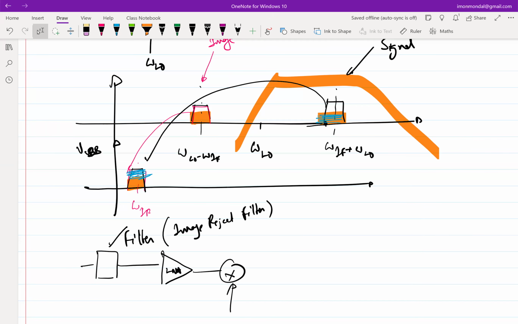And this is happening because on the same frequency bin, not only is the signal getting down converted from somewhere else, but the noise is getting down converted, right? So you cannot do anything about the noise in the signal bin. That will always come. But you can do something about the noise that is coming from somewhere else where signal is not there. So is there a solution to cutting out this noise from the image band?